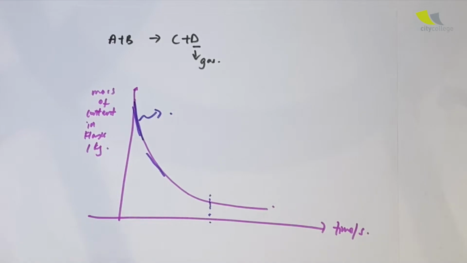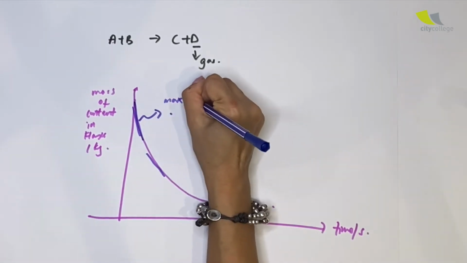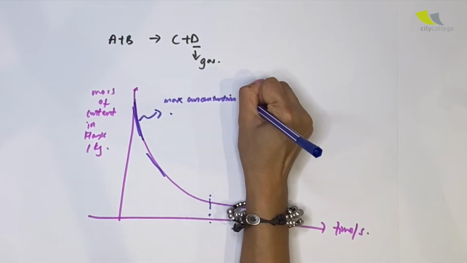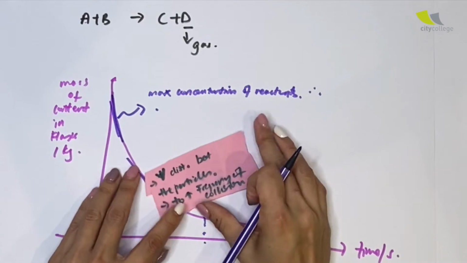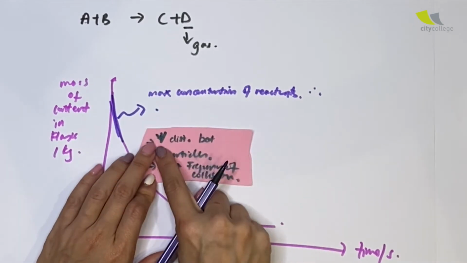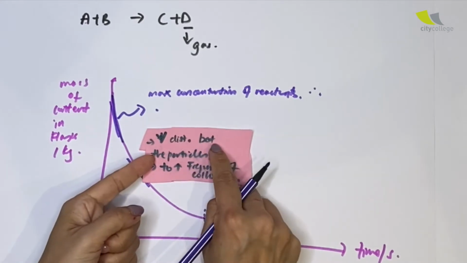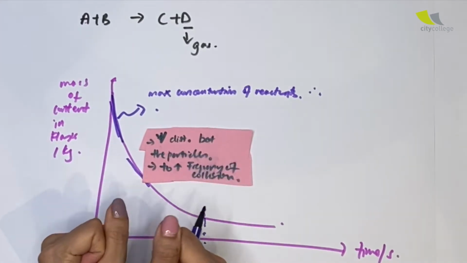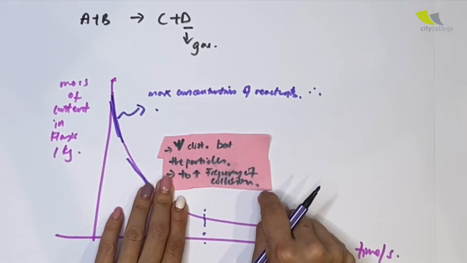Because at this juncture, I also have the maximum concentration of reactants. Therefore, the distance between the reactants is very small, or I should say that they are very close. When the distance between the particles decreases, I actually lead to an increase in the frequency of collision.